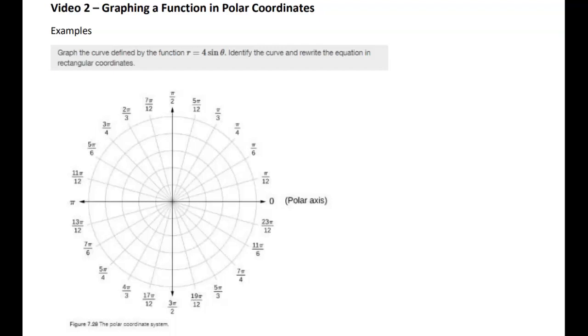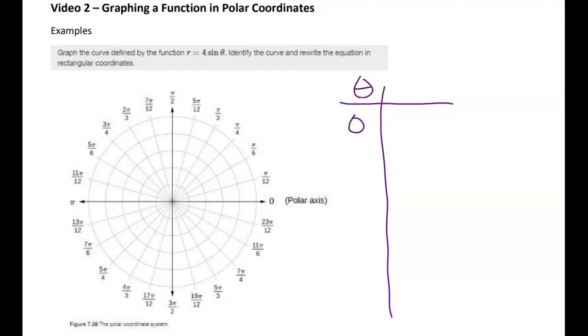All right, we are going to be looking at how to graph this curve in polar coordinates. The best way to start this is actually to create a table of theta values and then figure out your r from there.